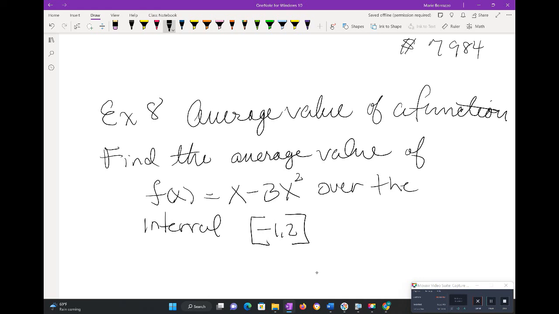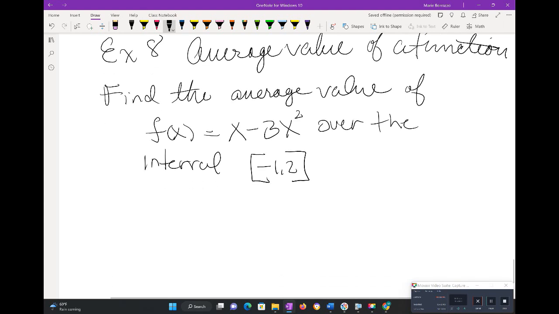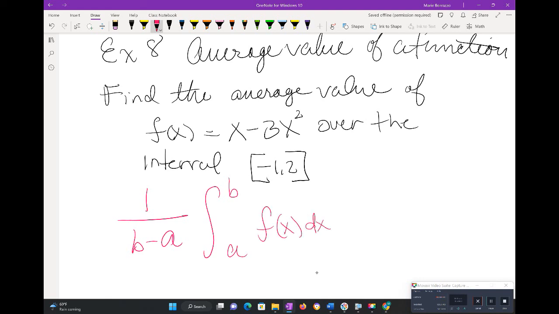To find this answer, we're going to use the average value of a continuous function over the interval AB, which is simply 1 divided by b minus a times the integral from a to b of f of x dx. This would be your average value function right here.